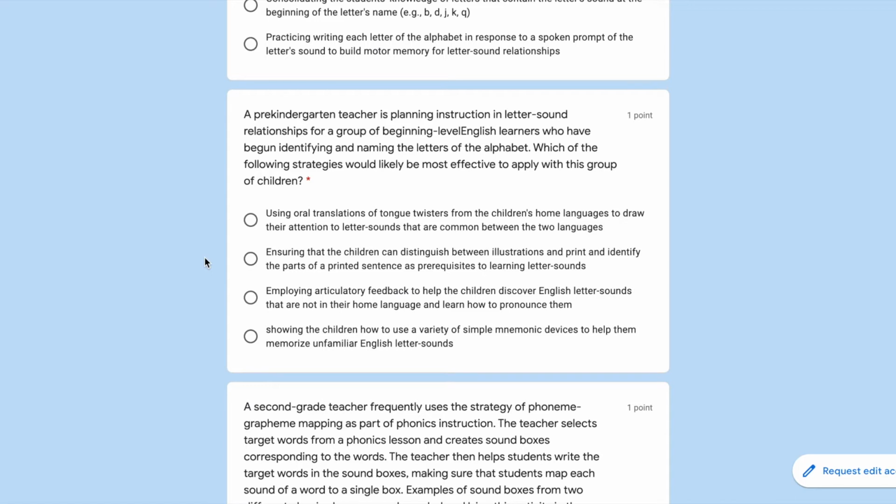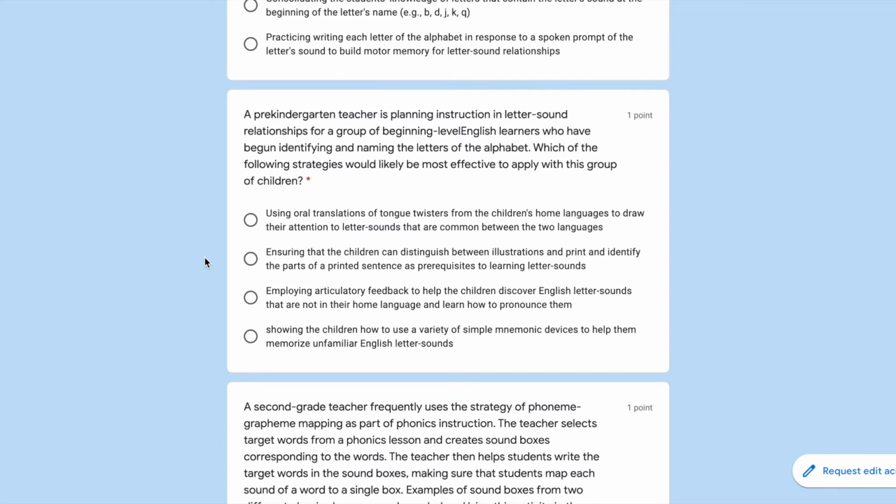All right. First, we have using oral transitions of tongue twisters from the children's home languages to draw their attention to letter sounds that are common between the two languages. That doesn't sound right to me. Next, letter B, ensuring that the student can distinguish between illustrations and print and also identify the parts of a printed sentence as prerequisites to learning letter sounds.